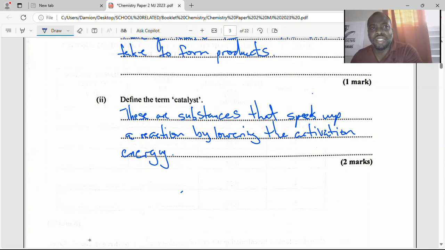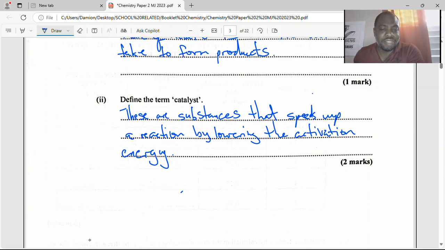And I think I mentioned this before. That's one of the reasons why we introduced the catalyst. You can look at it in a positive way in terms of green chemistry, where less energy is utilized when we use a catalyst. So we're making it more environmentally friendly, so that we don't have to burn fossil fuel, for example when we were talking about the cracking of hydrocarbons last week.